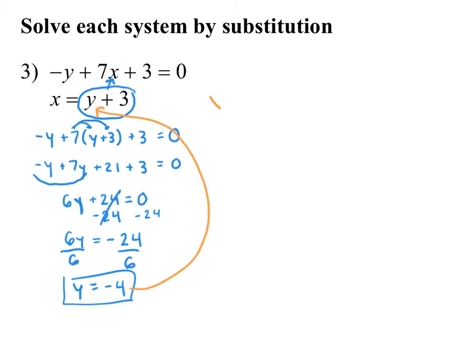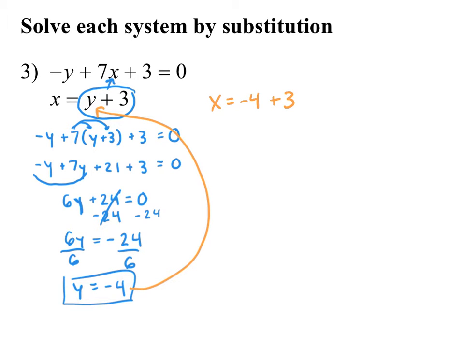So here we have x is equal to negative 4 plus 3. What do we need to do to solve for x? Add 4. No, subtract 3. Right? We have x is equal to negative 4 plus 3.